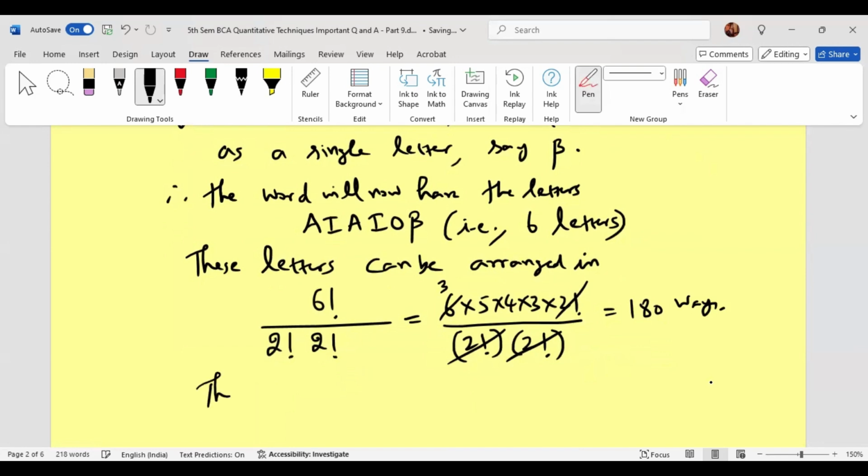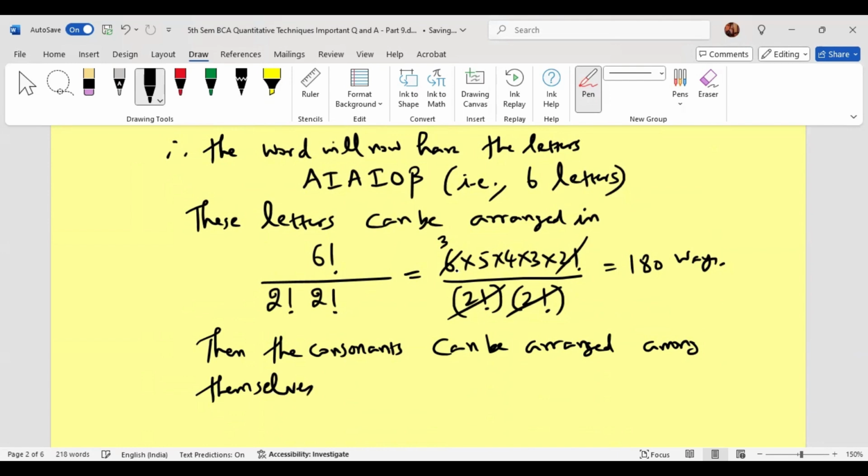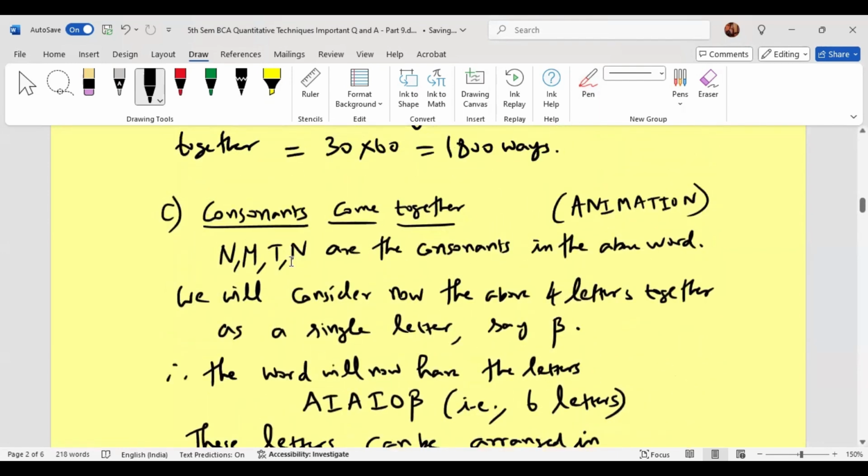Then the consonants can be arranged among themselves in, so here we have those consonants, 4 letters.